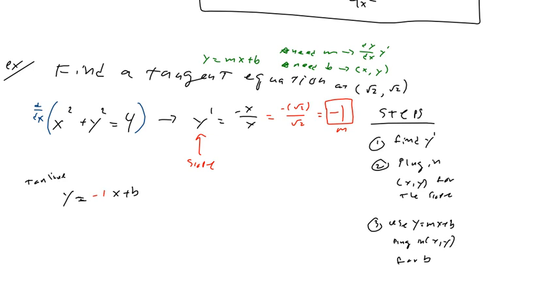I get square root 2 equals negative 1 times square root 2 plus b, and just solve for b.